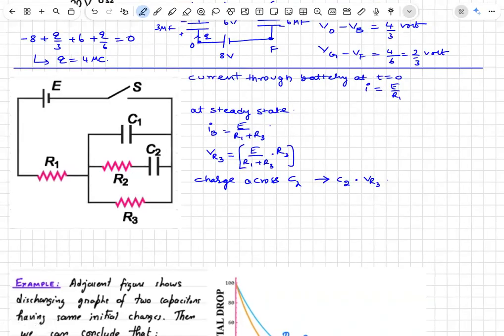Because no current flows through R2. Because current through R2 is 0 at steady state. What is the charge across C1? C1 into VR3. That's all.